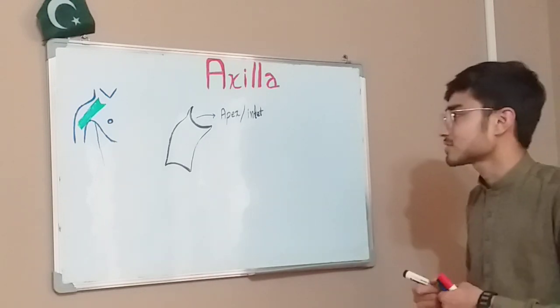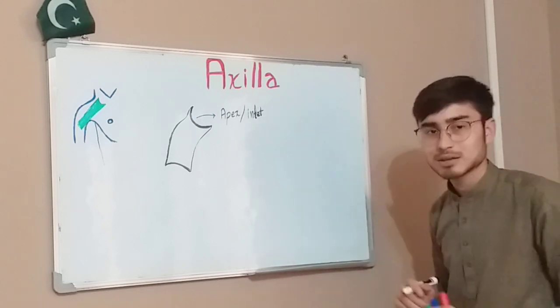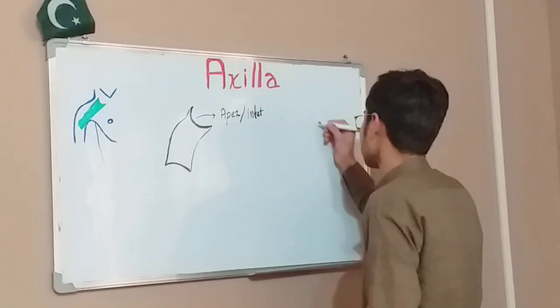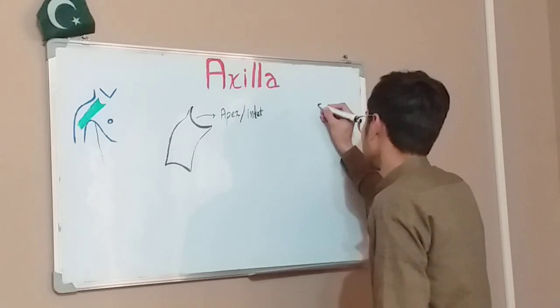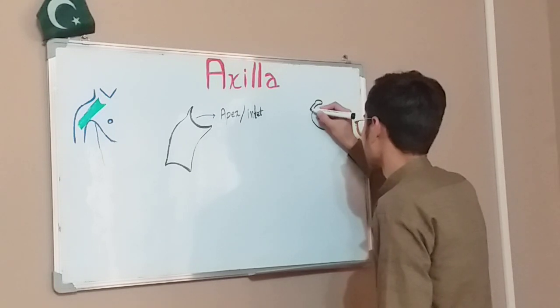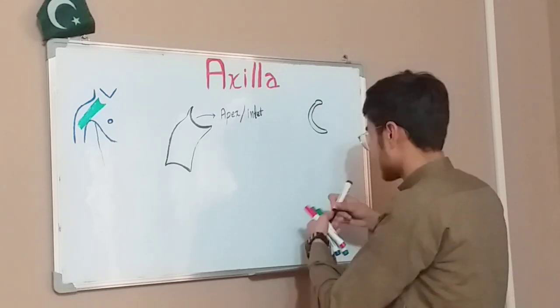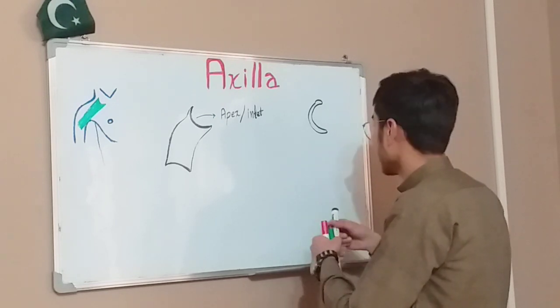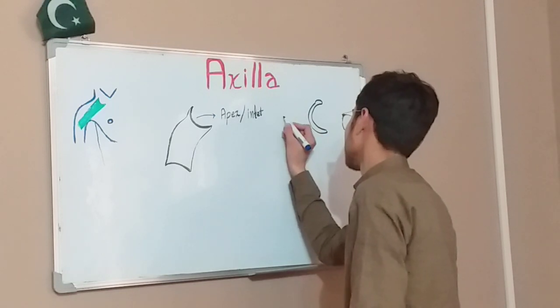Now this apex is formed by some bones, right? Let me draw the structures that are involved in the formation of the apex. First of all, let me draw the first rib. So this is the first rib, and after that we have the clavicle.